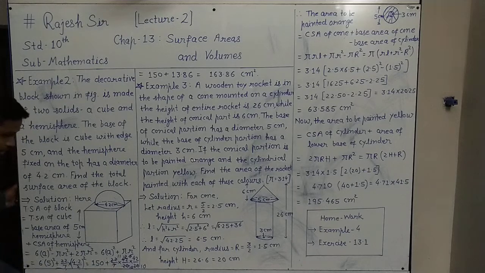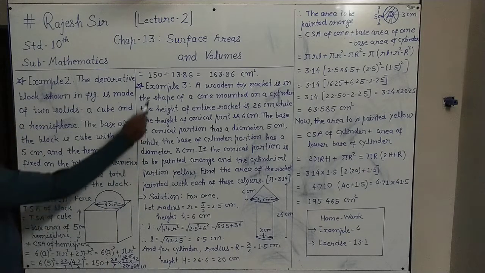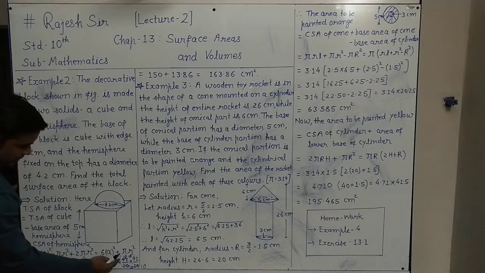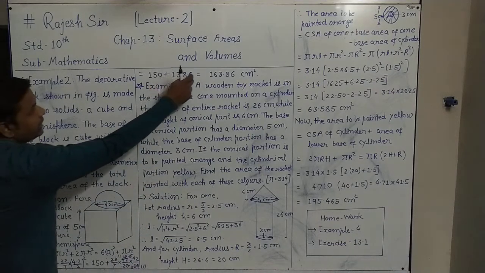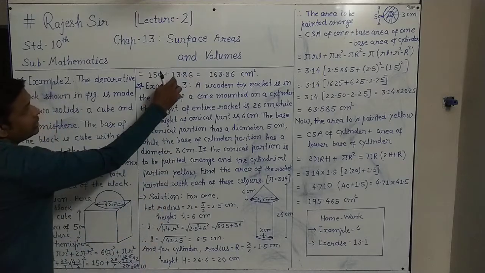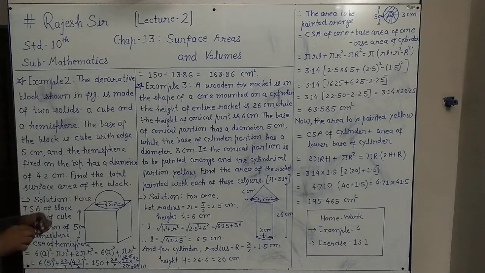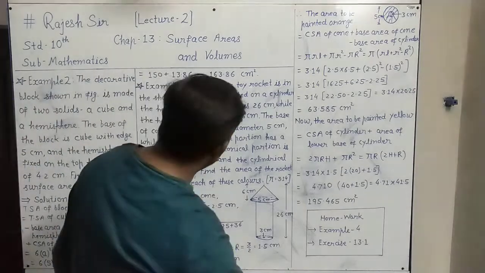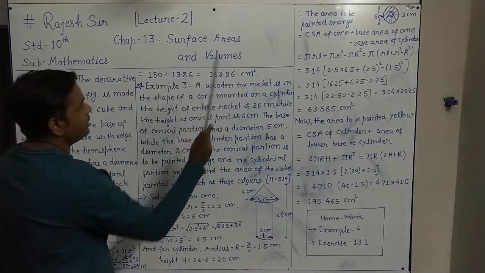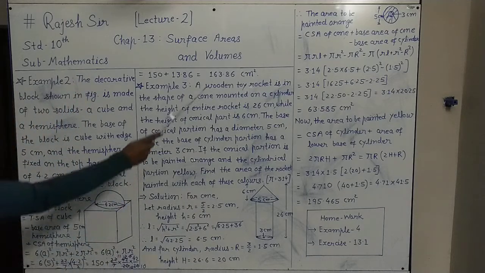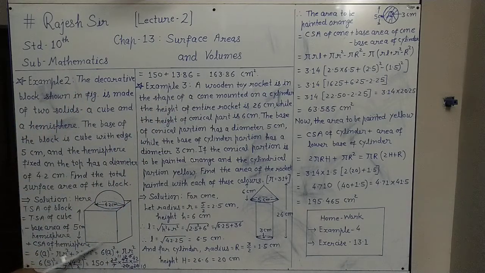That simplification is plus 150 as it is. So this is 150 plus 33 into 42 will give 1386 divided by 100 will give 13.86. And the sum of these two numbers, 150 and 13.86, gives 163.86 centimeter square, and this is the total surface area of the decorative block.